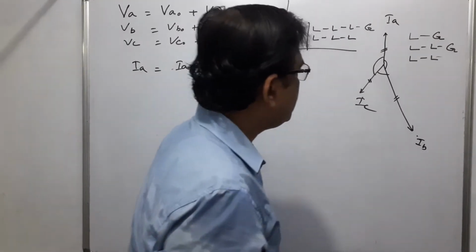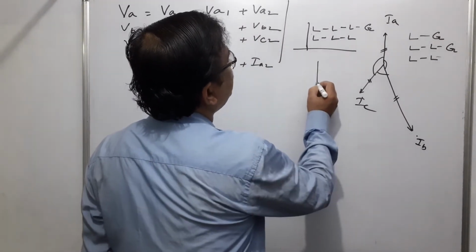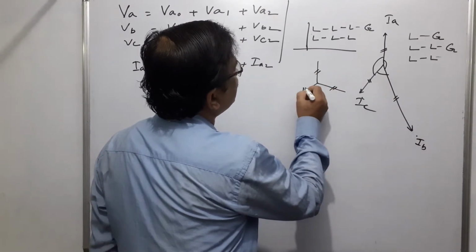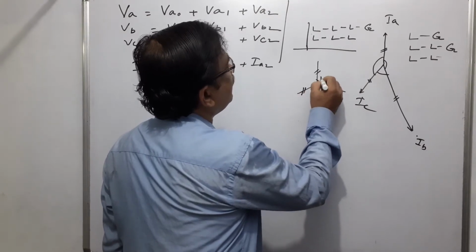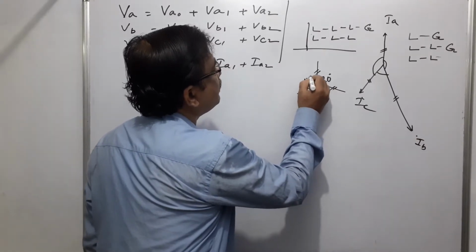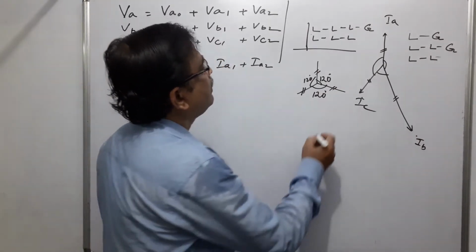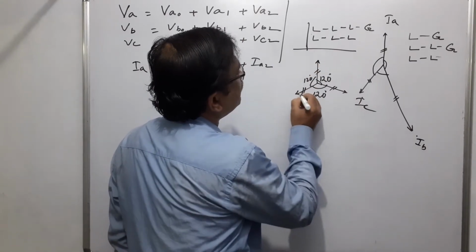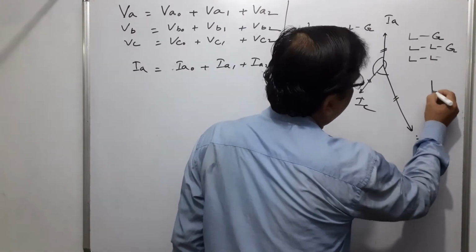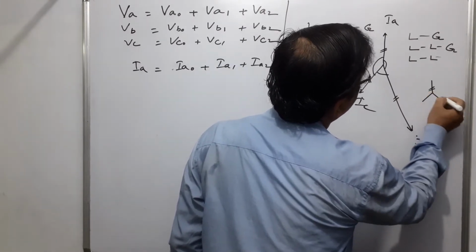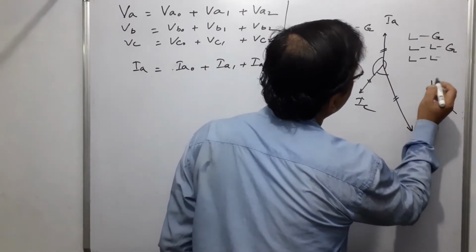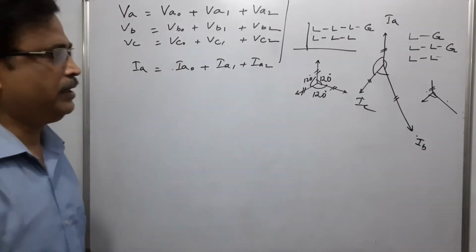Obviously it is true, but at the same time you have to say that in a symmetrical fault, the magnitude of the fault current will be equal in each phase, and the angle between the currents will maintain 120 degrees. If it is an unsymmetrical fault, the magnitudes are not equal and the angle is no more 120 degrees apart.